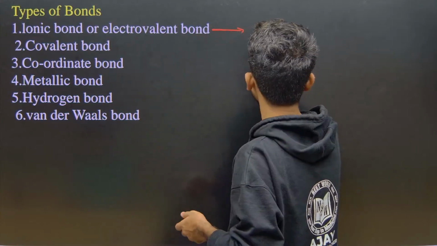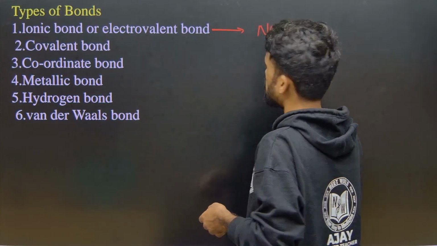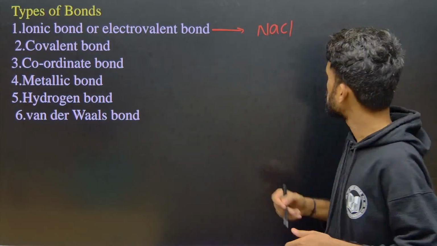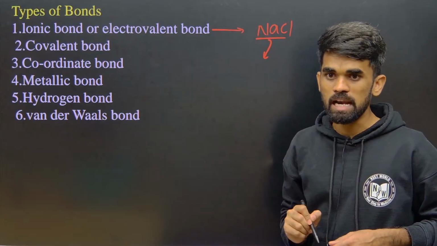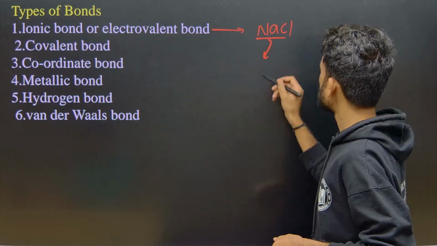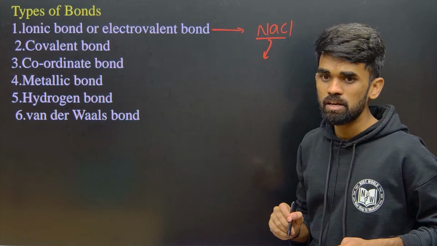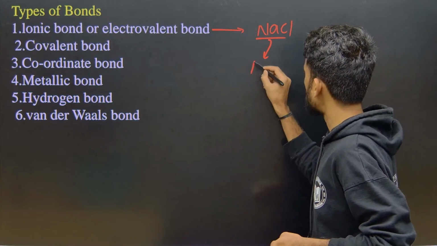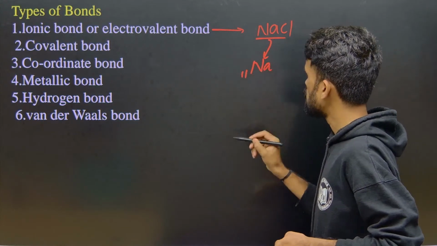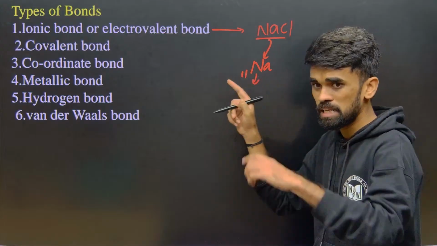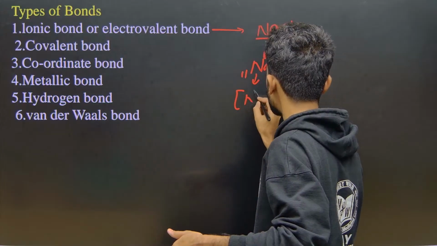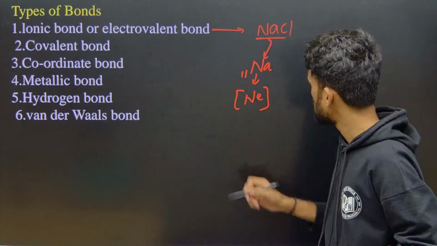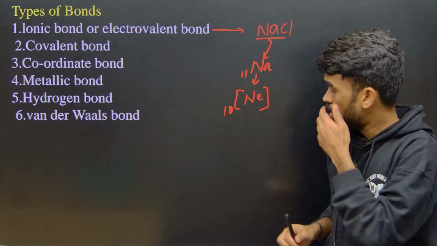For example, here we have sodium chloride, an ionic compound. Sodium is a first group element, an alkali metal. What is its electronic configuration? Its atomic number is 11. The 10th element is neon, which is an inert gas, so it has 10 electrons.